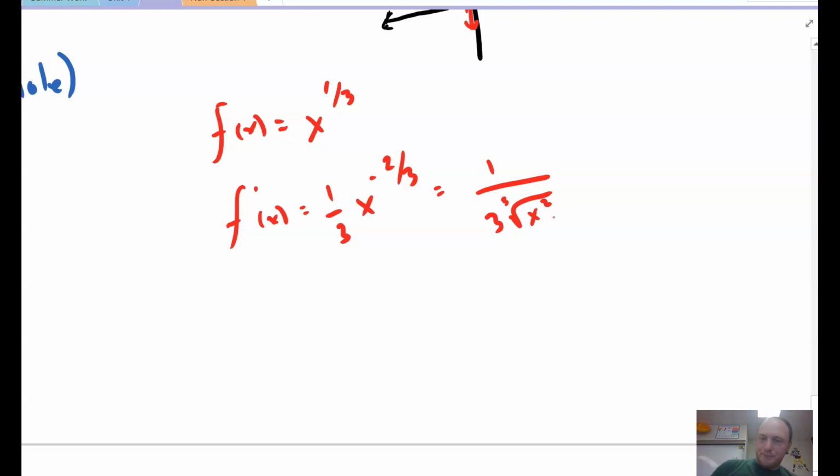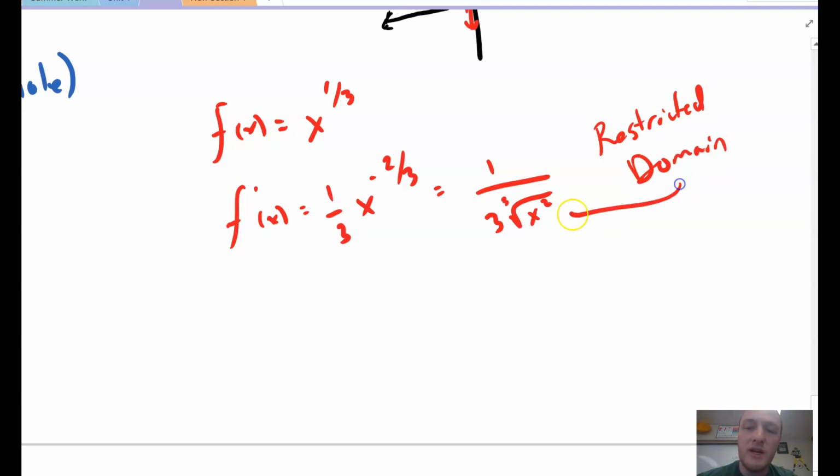And you're saying, okay, so what's the big deal? Well, I'm going to ask you again, what about restricted domains? I hope you would agree that right here, what happens if I plug in 0? My denominator is 0. The world explodes.